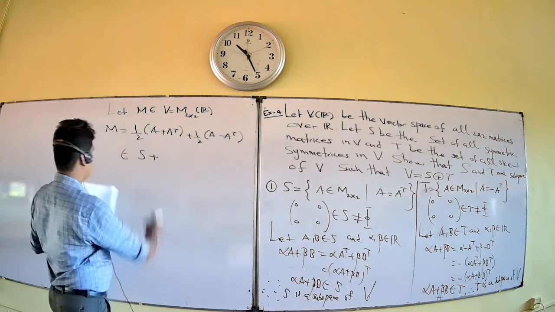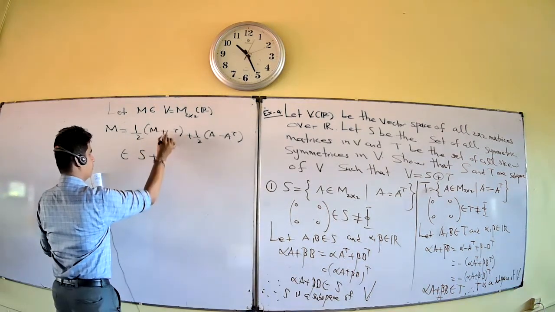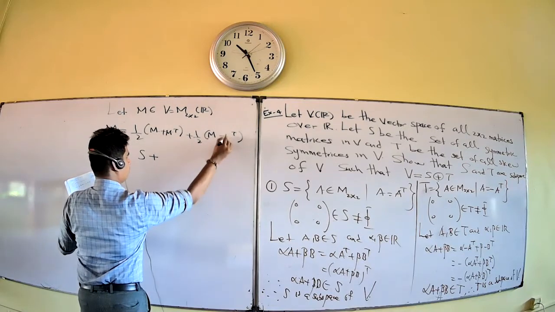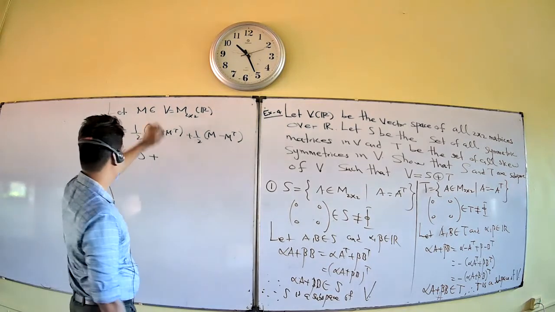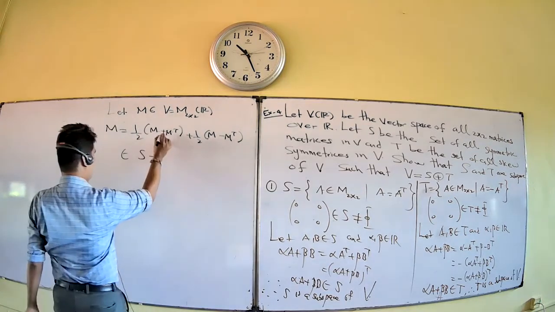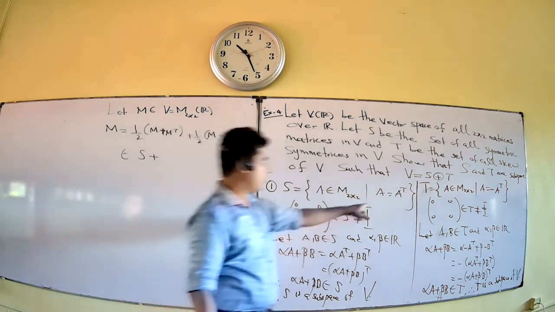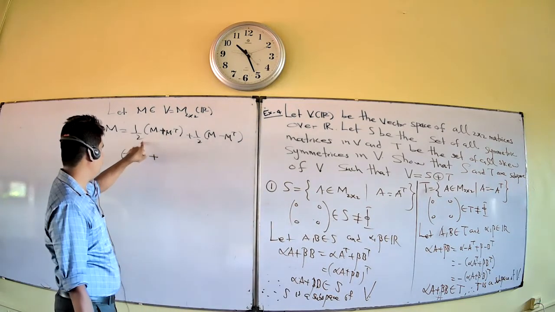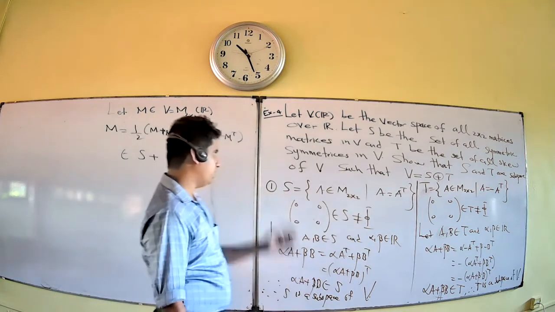Sorry, M here. So M transpose. Therefore, you add this to get M. M belongs to V. M plus M transpose belongs to S because A equals A transpose, then put here 2M over 2, M belongs to this set because it satisfies that condition.